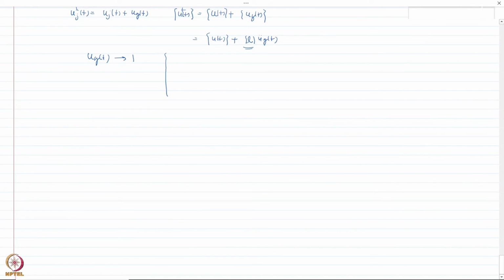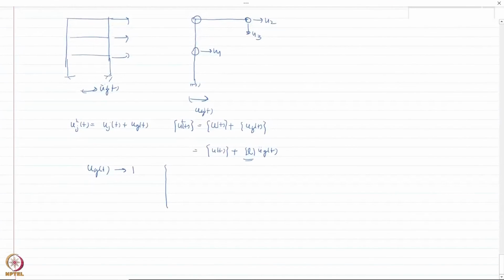For example, in this case, if I apply ug equal to 1, and we are doing it statically, so this is just finding out the relationship, all of these degrees of freedom will move by 1, correct? So that's why my L becomes 1 1 1.